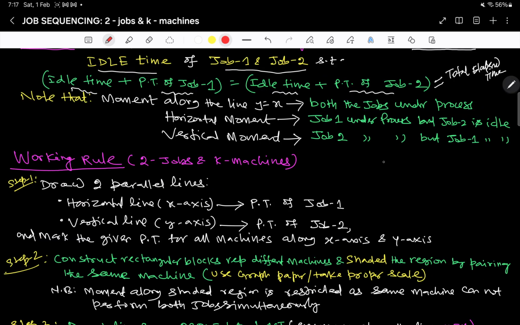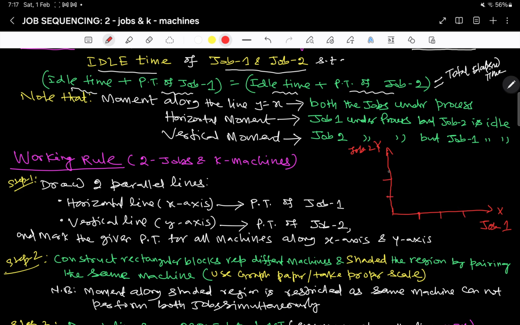The working rule says we take the horizontal and vertical lines, the x-axis and the y-axis. The x-axis is for job 1 and the y-axis is for job 2, and we mark the sequence with their processing times in proper scale.